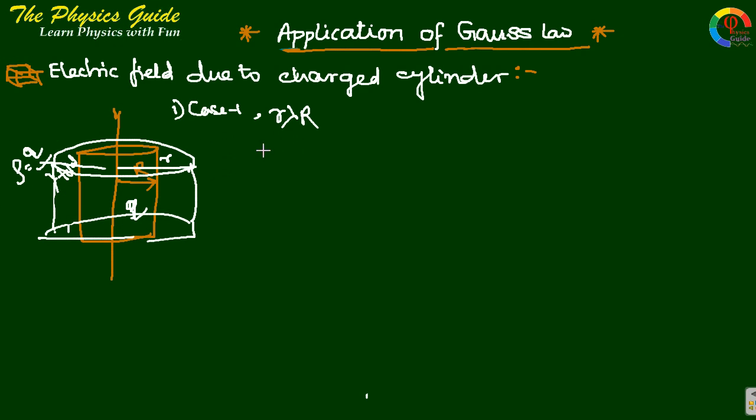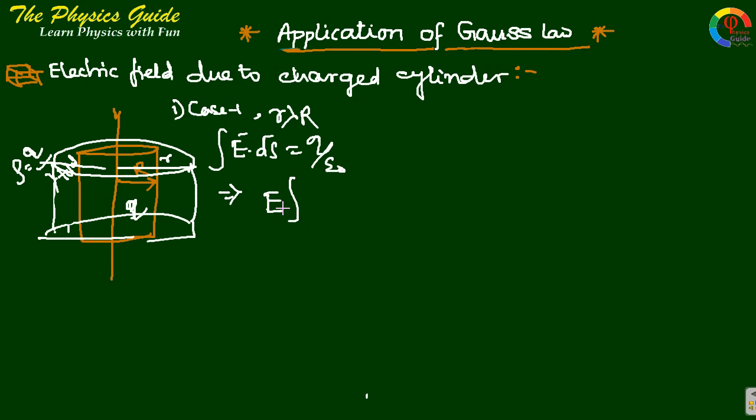For this case, Gauss's law is the integral of E dot ds equals q by epsilon naught. The total enclosed charge equals q, and E and ds have the same direction, so E dot ds equals E ds, and E is constant for a particular r. All over the Gaussian cylinder r is constant, so E is constant.